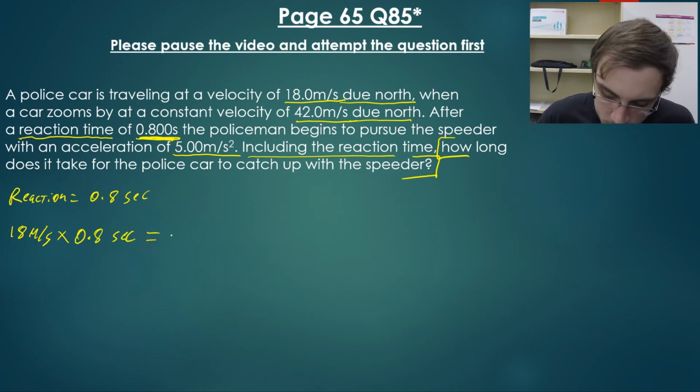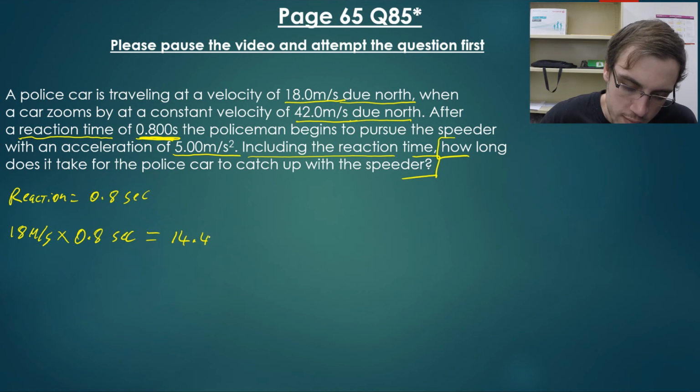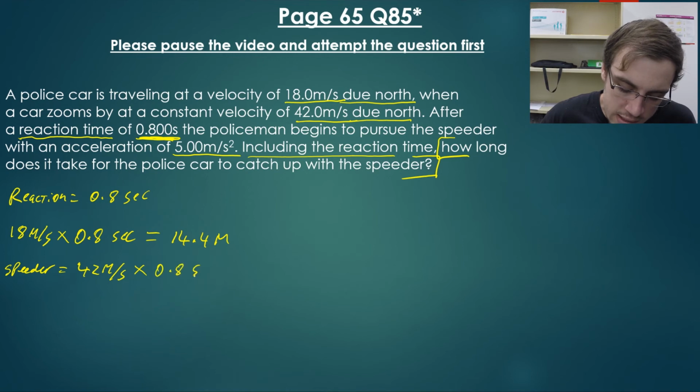So that means he traveled 14.4 meters. Then we look at the speeder. He was going at 42 meters per second for 0.8 seconds, which equals 33.6 meters.